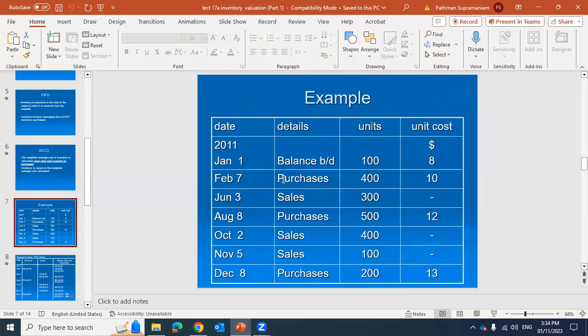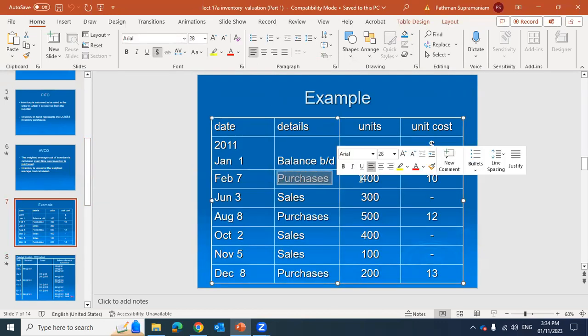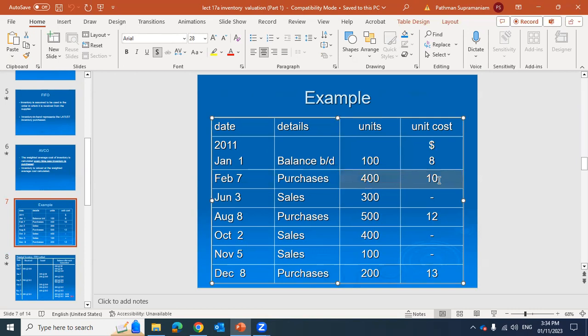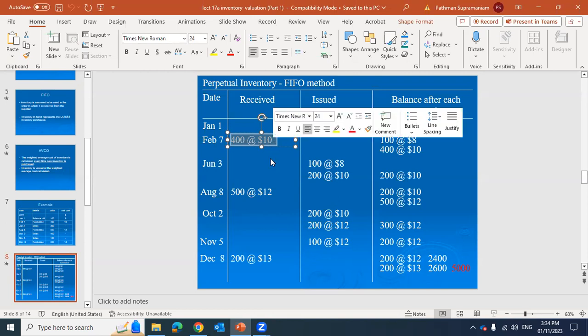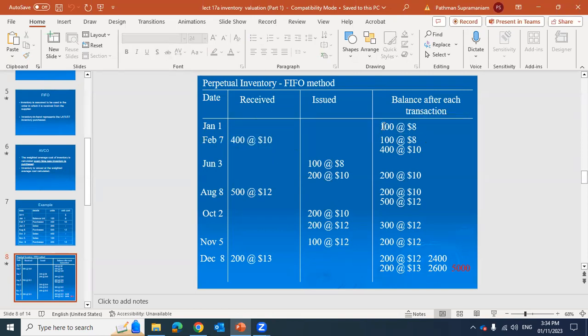And then the business purchased an additional 400 units at $10 per unit. We need to record that under the received column, because when you purchase inventory, we are receiving inventory. The inventory goes into the warehouse. So now we actually have 500 units, the 100 units from the past, plus the 400 additional units purchased. The way we should write it is like this.